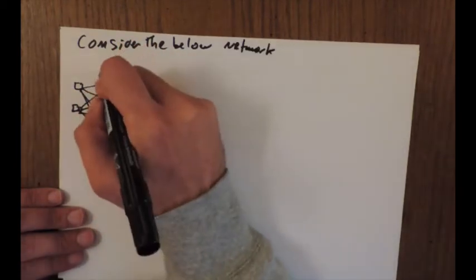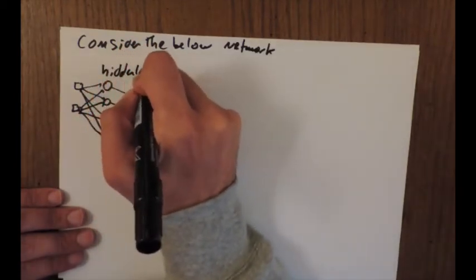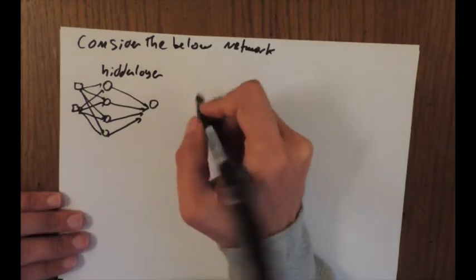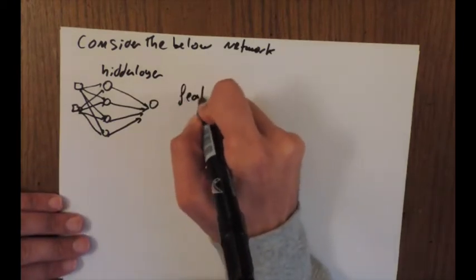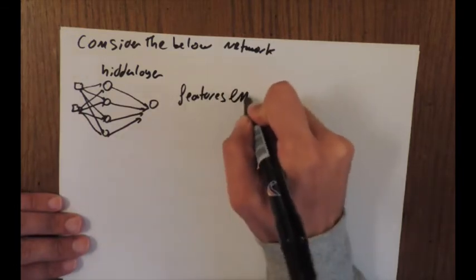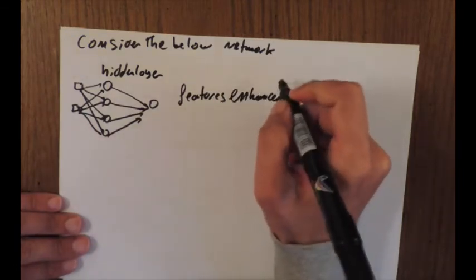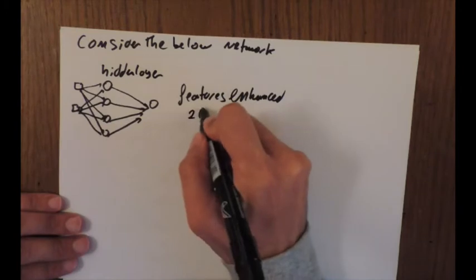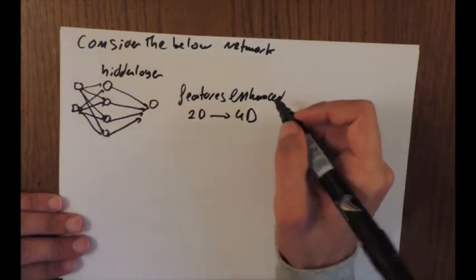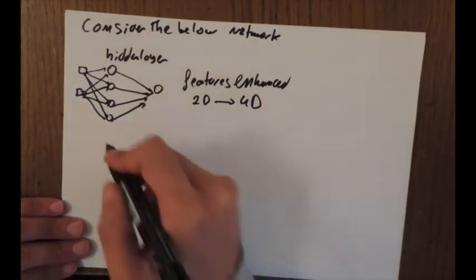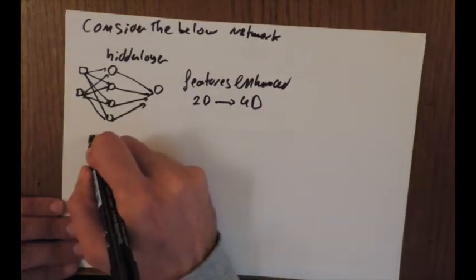So here, this is the hidden layer. What we are doing here is having features enhanced, since we're going from 2D to 4D. Another function of the hidden layer can be compression. So we can compress the data.